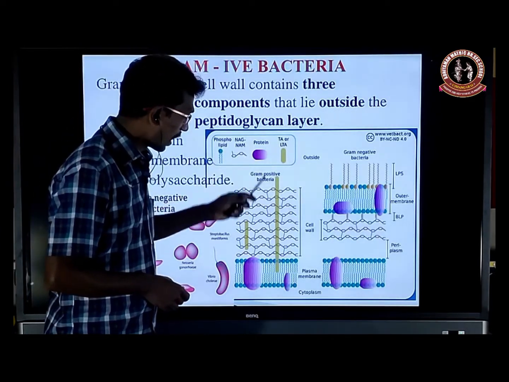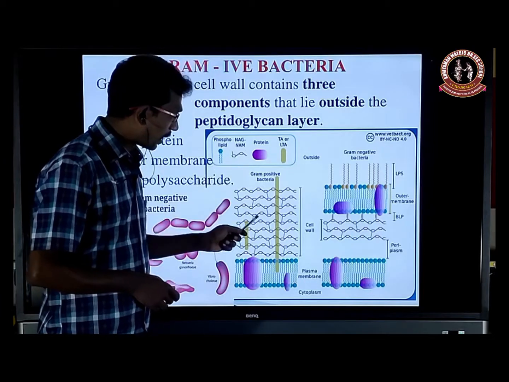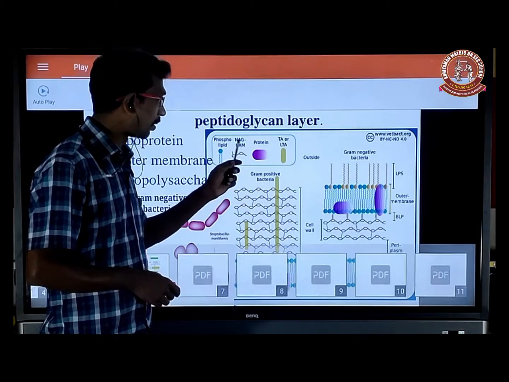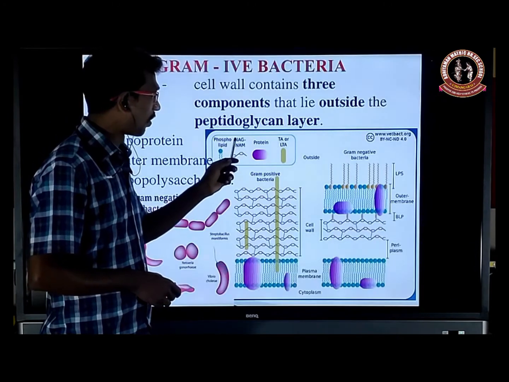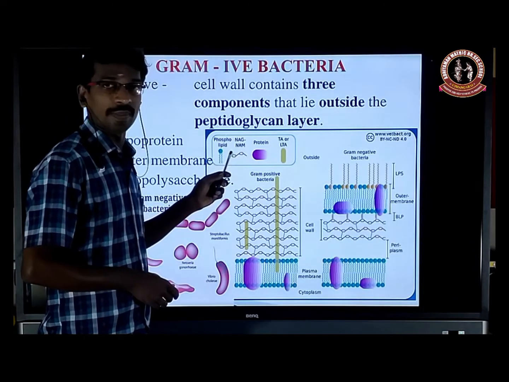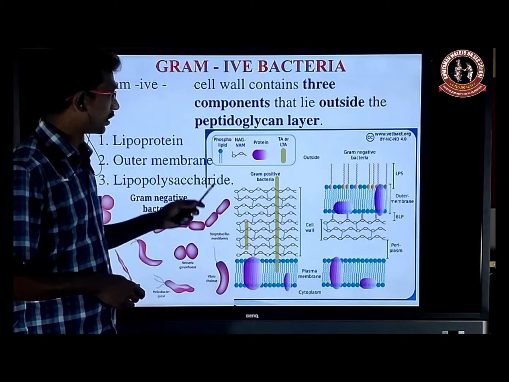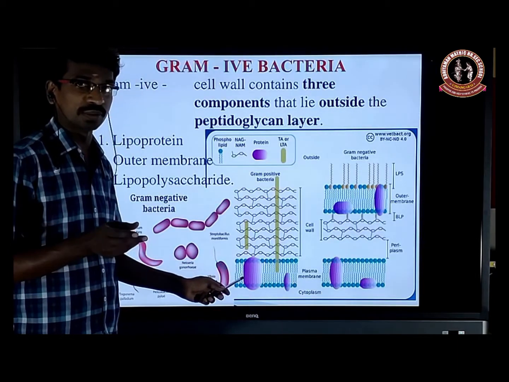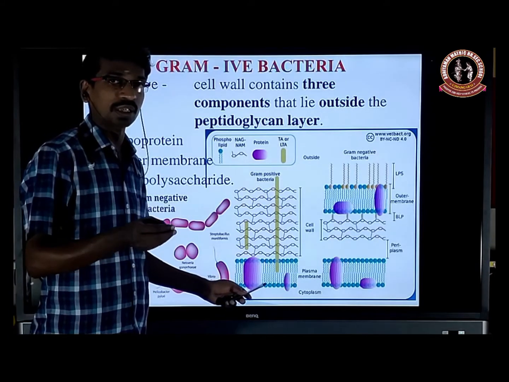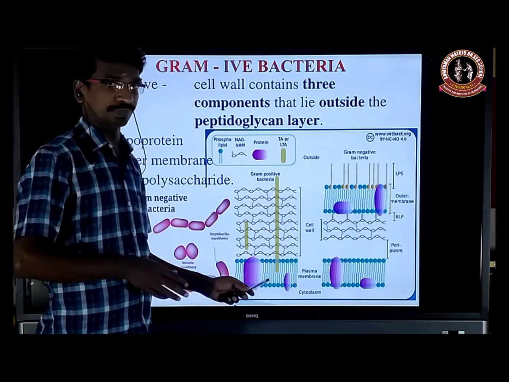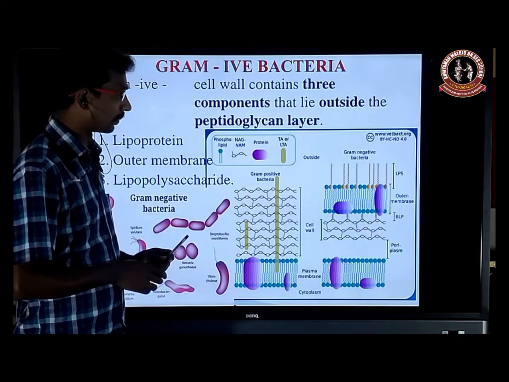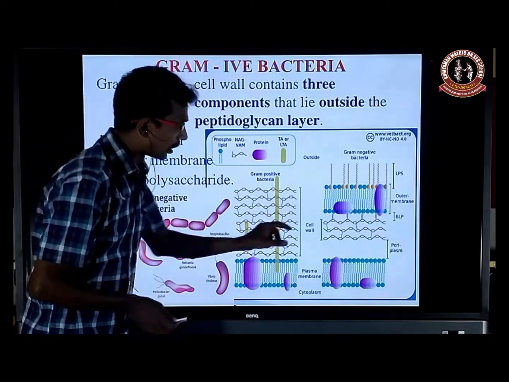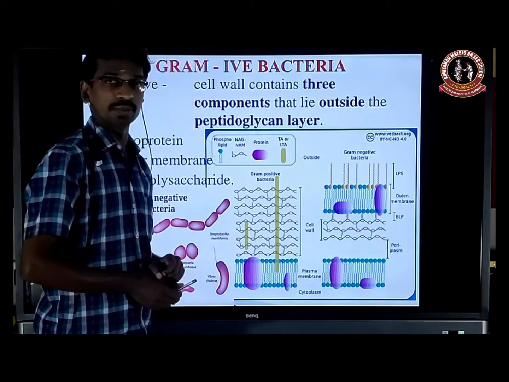The violet color represents protein, and this is for peptidoglycan, N-acetyl glucosamine and N-acetyl muramic acid. The cell membrane is a phospholipid layer, made up of lipoprotein. Here the multilayer of peptidoglycan is present, while here a small layer is present.